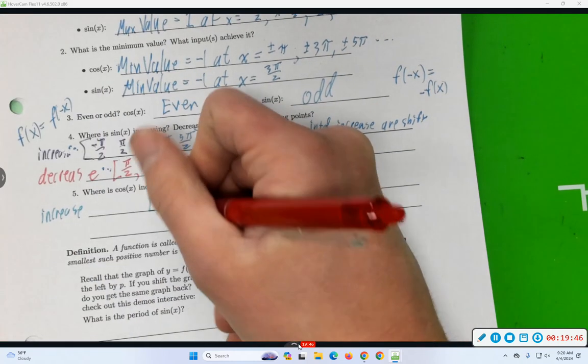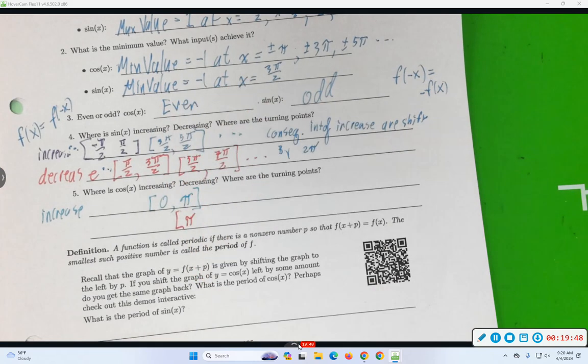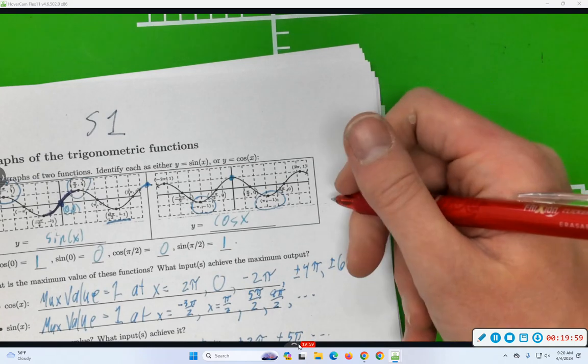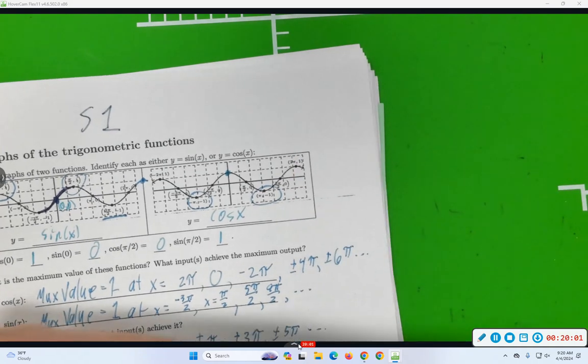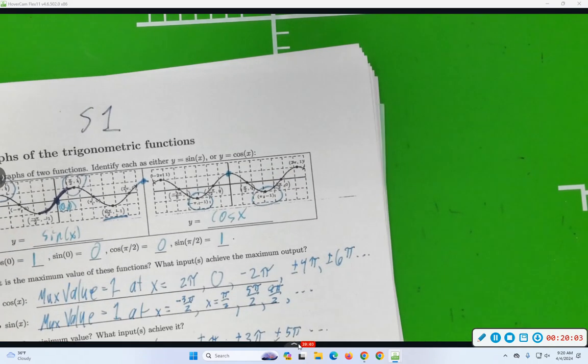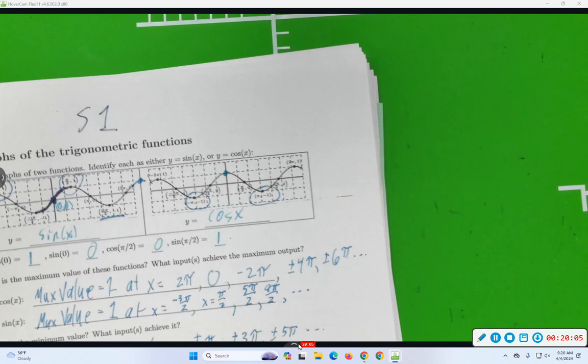All right, that means at pi it must change. How far can you keep going after pi and have it be decreasing? These are all swapped.